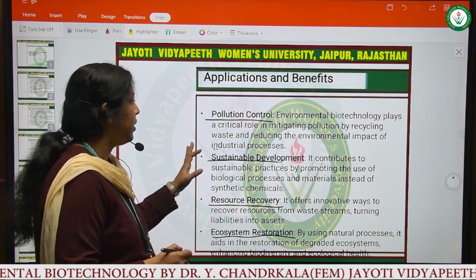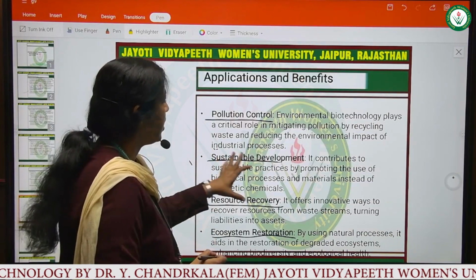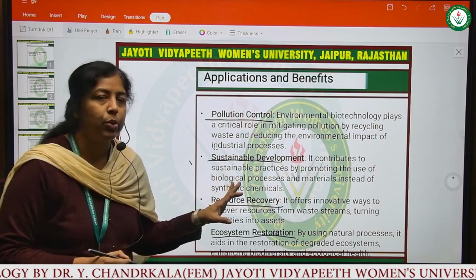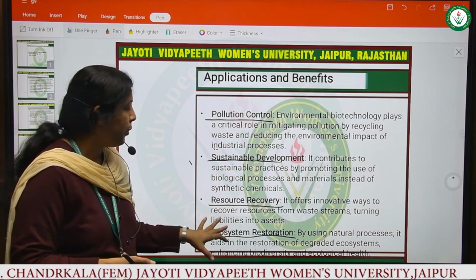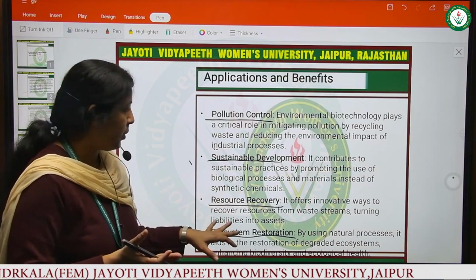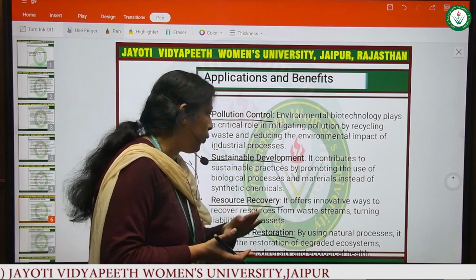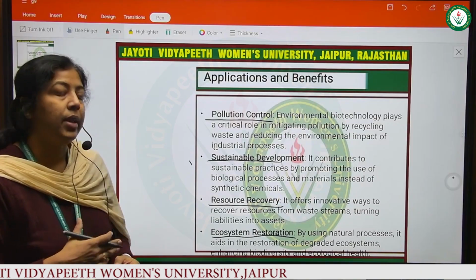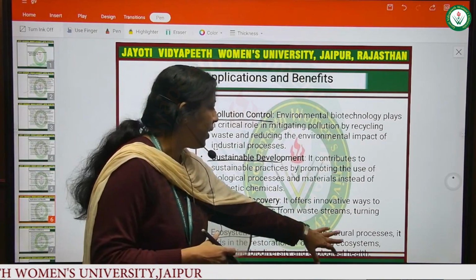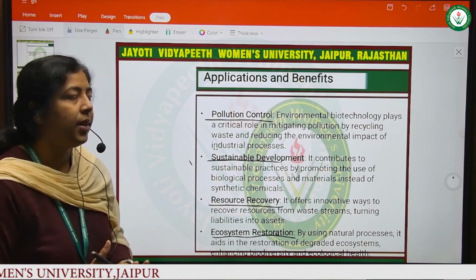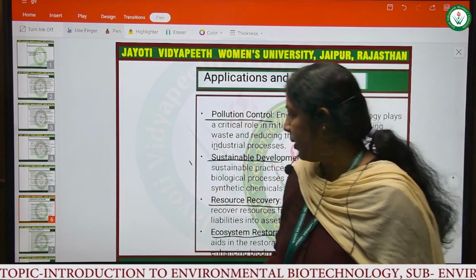Sustainable development promotes sustainable practice, using biological processes with microorganisms instead of synthetic substances. Resource recovery offers innovative ways of turning a waste stream into an asset. Using natural processes, the degradation of the ecosystem can be restrained and restored for sustainable development.